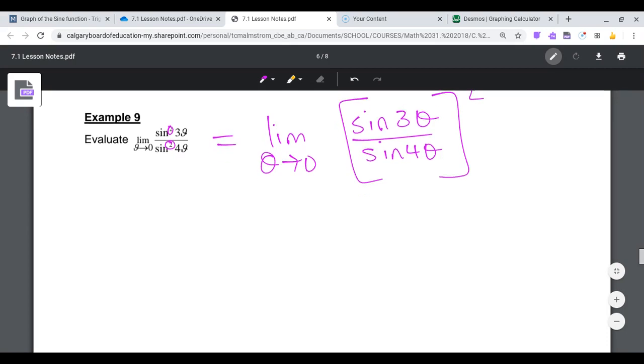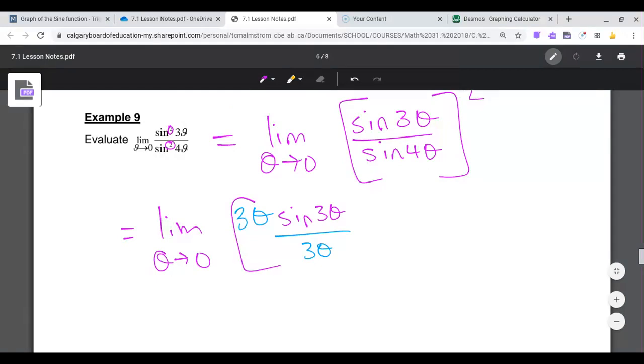Okay, so this is equal to the limit as theta goes to 0 of sine 3 theta. Now I need a 3 theta on the bottom in order to get my fundamental trig limit, but to keep this a true math expression staying the same, I have a 3 theta on the top. And then this is all divided by sine 4 theta.